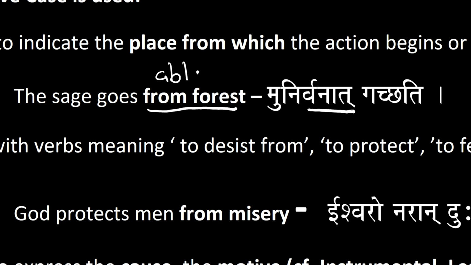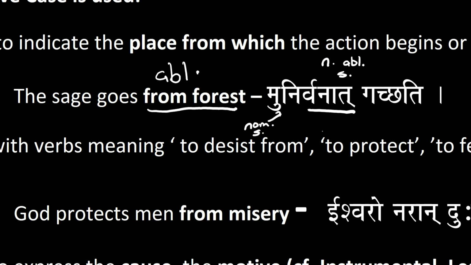Forest is vana, it's neuter, and this is declined in the neuter ablative singular. Vanat means from the forest. Munihi is the sage, nominative singular, a masculine noun that ends in i.